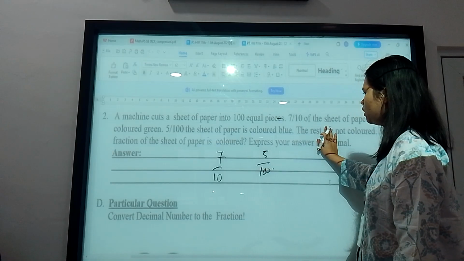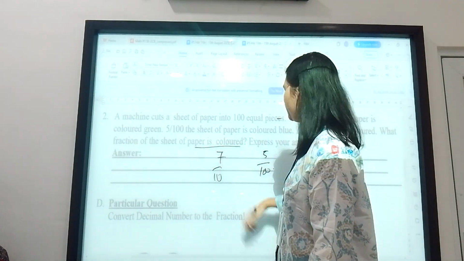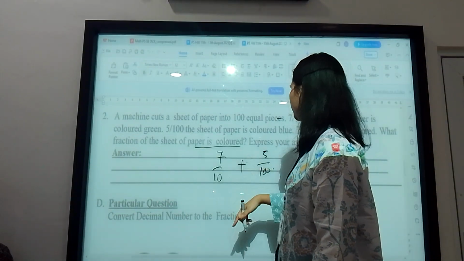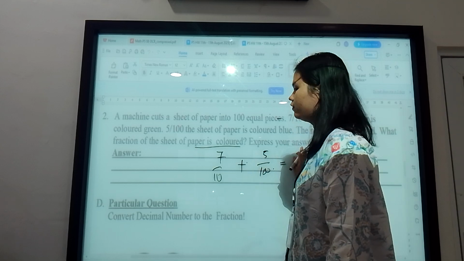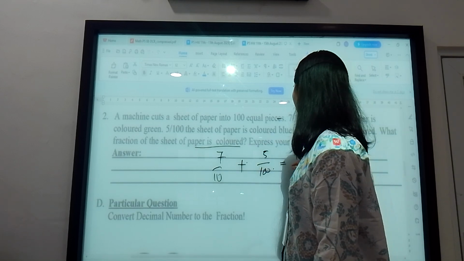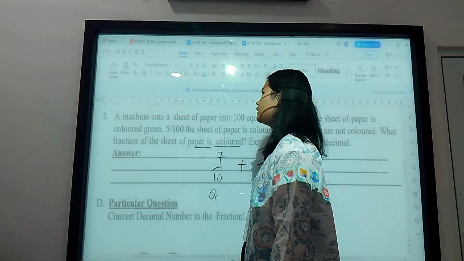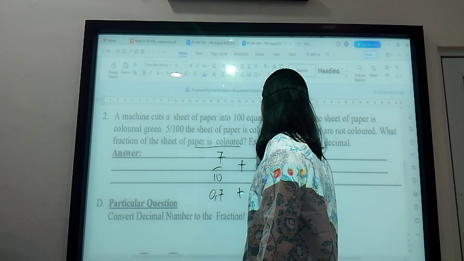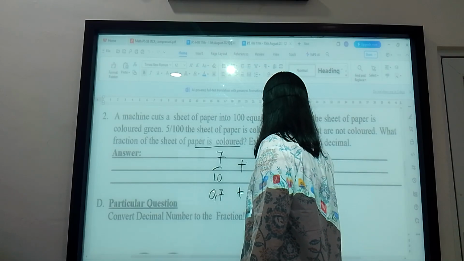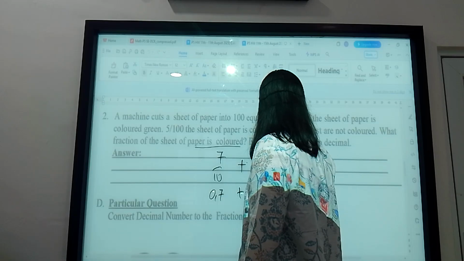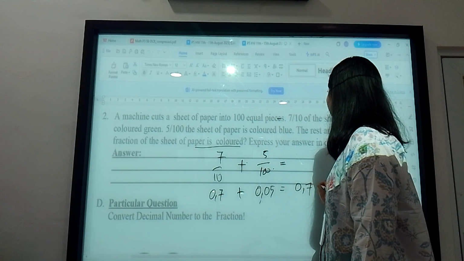This machine wants to know the fraction of colored paper. So we can add the fractions, become 7 plus 5, it's equal 12 out of 10. Or we can put in the decimals, 0.7 plus 0.05, and it's equal 0.75.